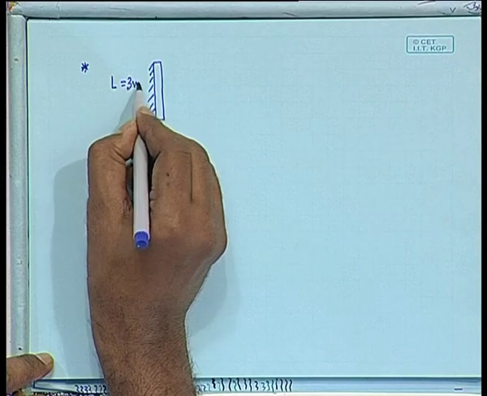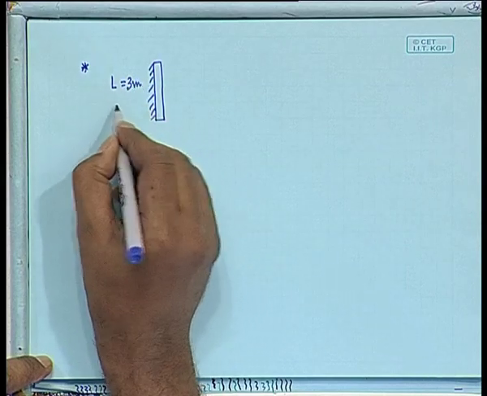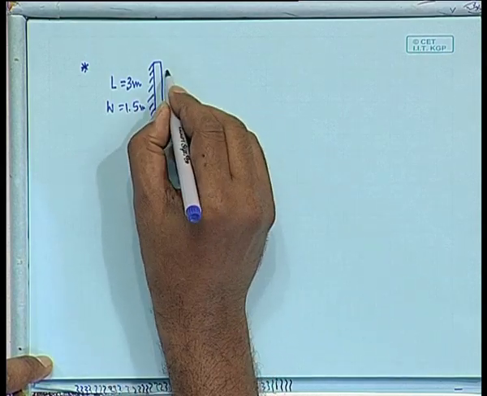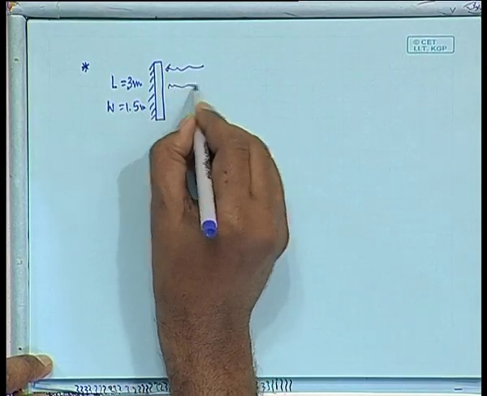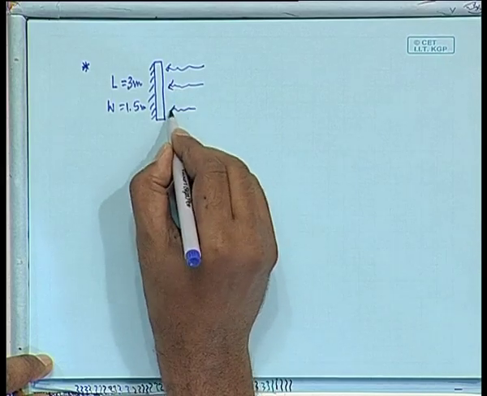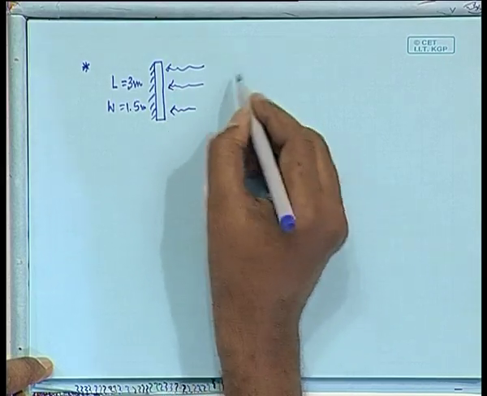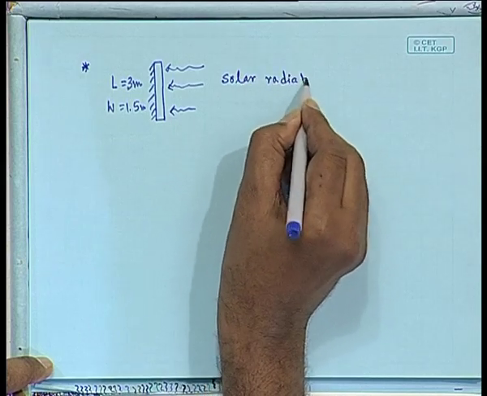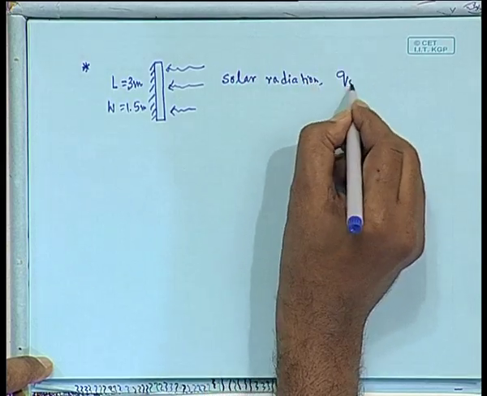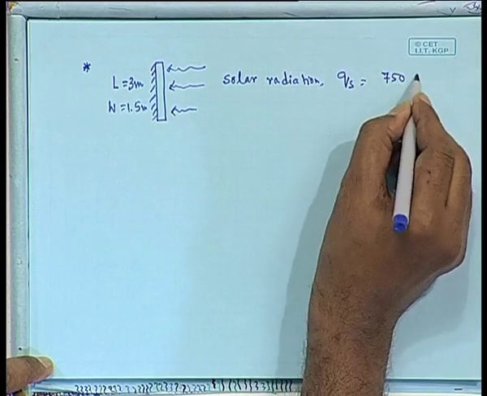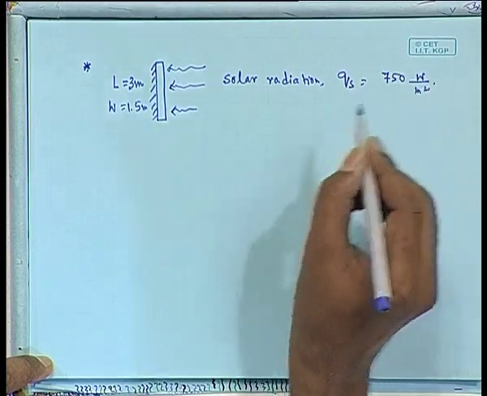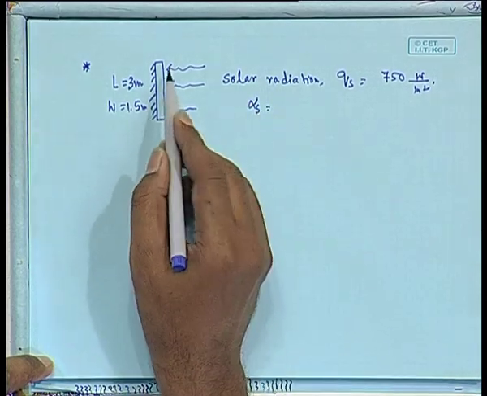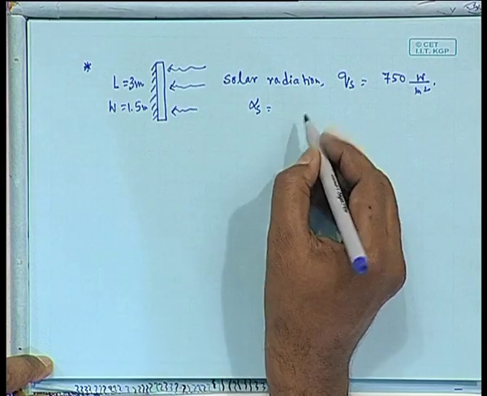It is a vertical plate, L is 3 meter, W is 1.5 meter, and this surface is receiving solar radiation at a constant rate, Qs equal to 750 watt per meter square. And alpha s is the absorptivity of this surface, and that is 0.8.